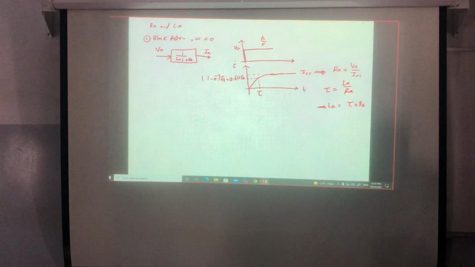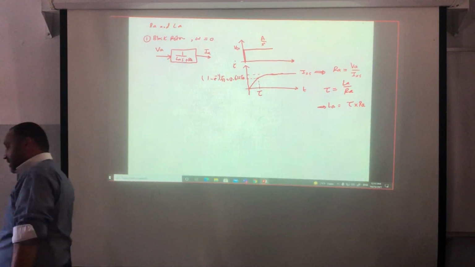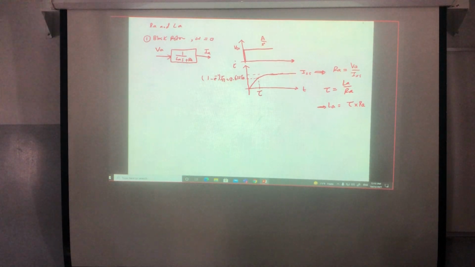Now, can I measure the armature inductance using another technique? Of course, someone will say I can use the DC test. I will impose a DC to the armature under no load. You know the inductance is a short circuit in the DC analysis.